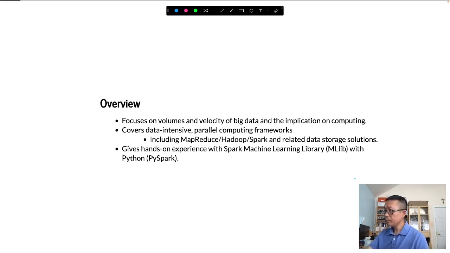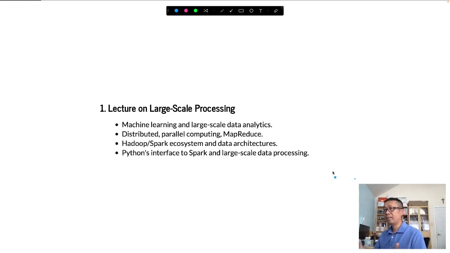So again, the lecture today will be on large-scale processing, with machine learning and large-scale data analytics in mind. That is the purpose of this processing. And so we need to use distributed parallel computing, such as the MapReduce framework, in order to be able to process large amounts of data given their volume and velocity.